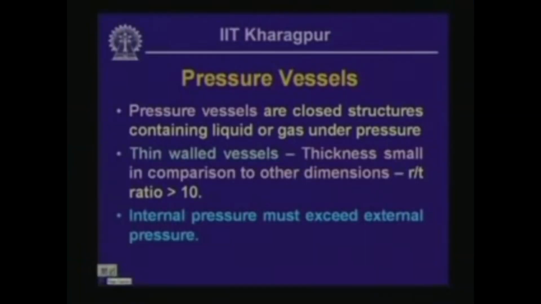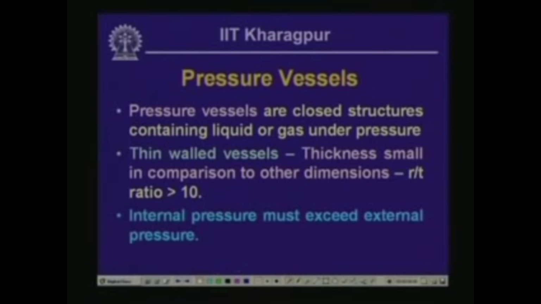Pressure vessels are closed structures containing liquid or gas under pressure, and we have qualified the term pressure vessels with thin walled, which is very important because the thickness of the container wall is so small that the variation of the stress across the thickness is insignificant.